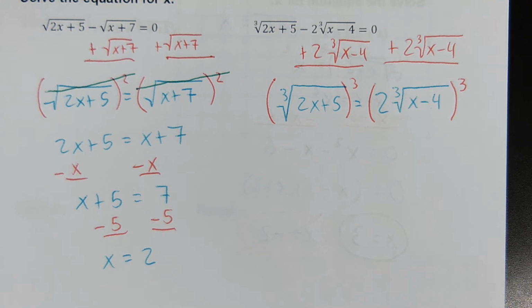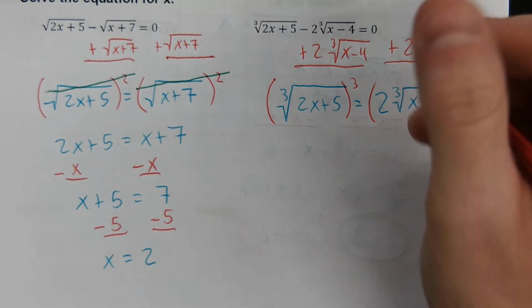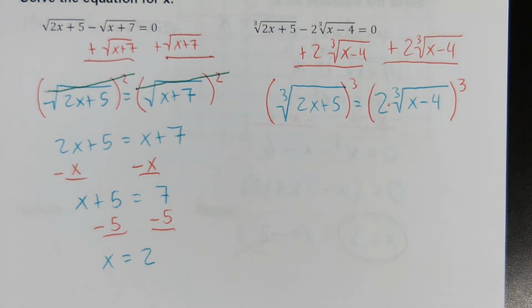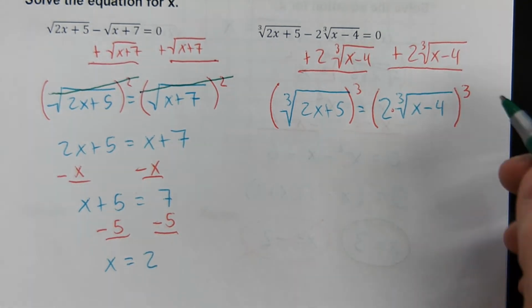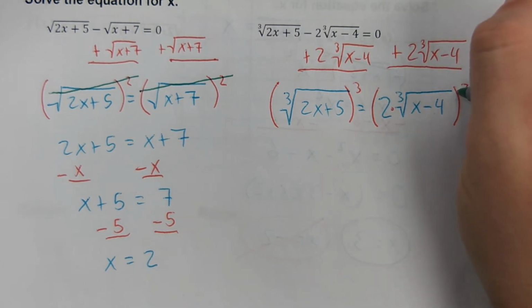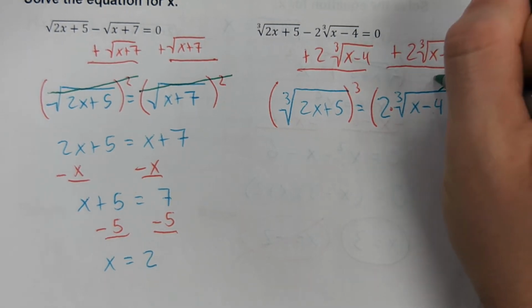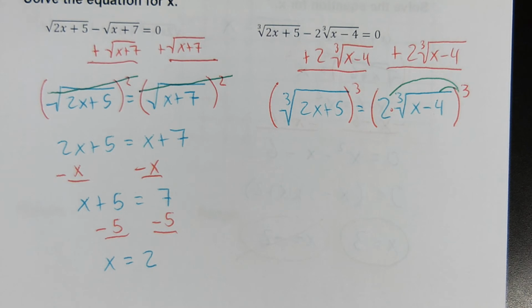So what's happening here is that algebra 1 concept that we talked about, when you have more than one thing inside the parentheses that are separated by multiplication, everything in that set of parentheses gets this exponent. We apply this exponent to all the objects inside that are separated by multiplication dots. We apply this third power to this third root and to this 2, not just the third root.